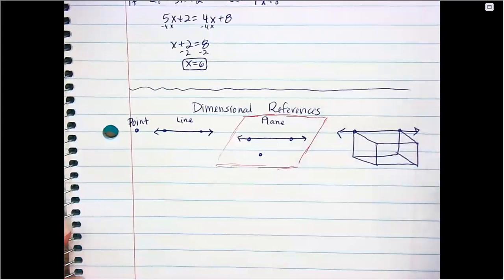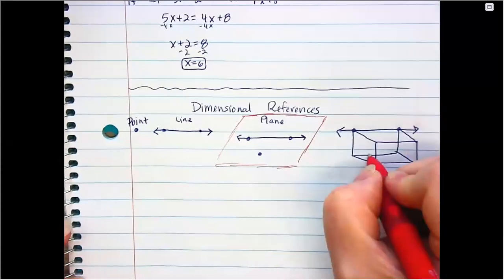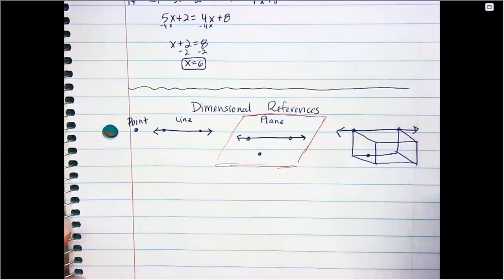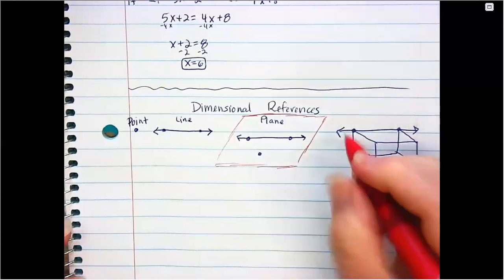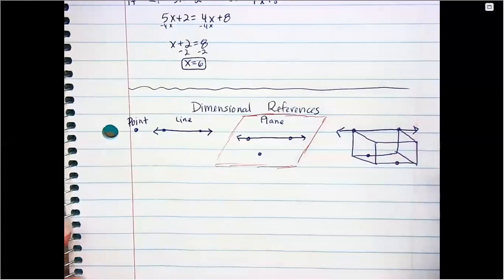So I've got those 2 points. I've got a point over here. That was our plane. And then I'm going to add a point that's not on that plane, which would be way over here. So when you've expanded your line, you get a plane. When you expand your plane with another point not on your plane, you get a space.